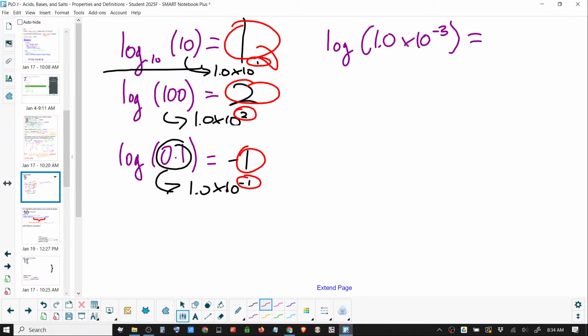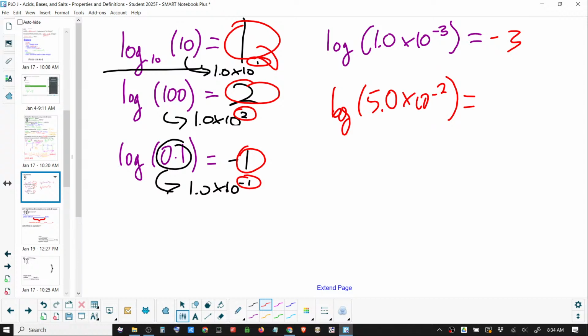So if I say log, Marcus, log base 10 of 1.0 times 10 to the minus 3 is negative 3. This is not hard. If I tell you that I want to know the log of 5.0 times 10 to the minus 2, Portia, what is that?